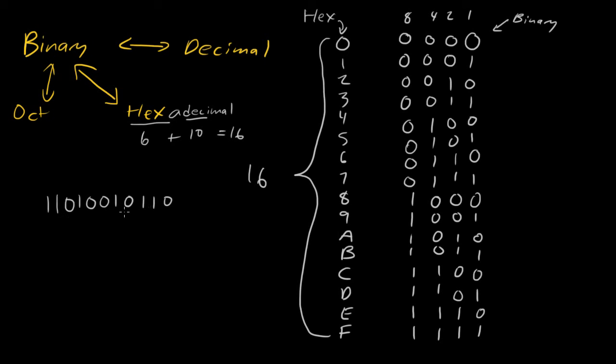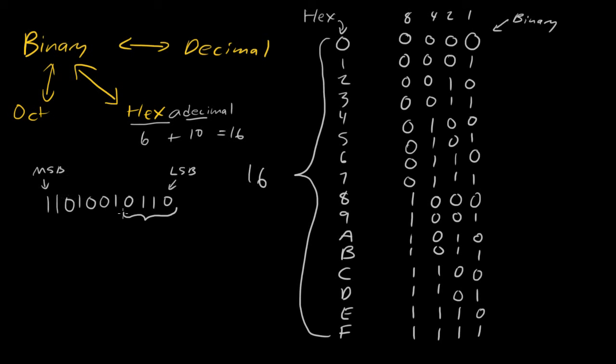I'm going to look at this in chunks of 4. I'm going to work my way from the least significant bit, which is this guy over there, all the way up to my most significant bit, which is this guy over here. This is the least significant because it contributes the least to the number, whereas this contributes the most to that number.